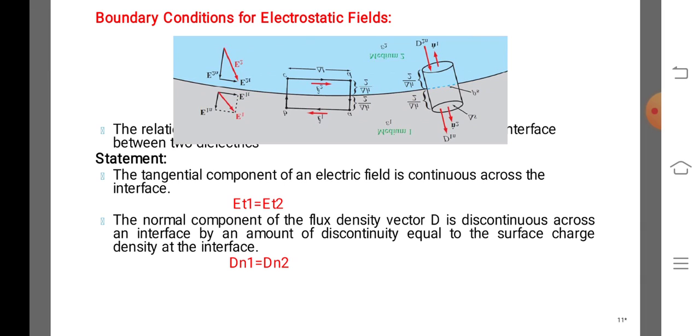This boundary condition says the tangential component of an electric field and the normal component of an electric field have to combine to do a specific work, which is called the boundary condition of the electrostatic field.